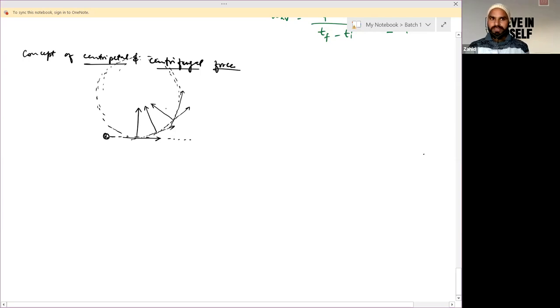So centripetal force is a force which is responsible for keep on changing the direction of a body so that it finally starts revolving along a circular path. That force is termed as centripetal force. Is it clear?